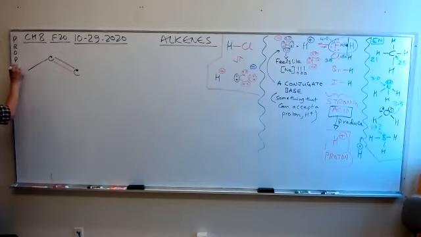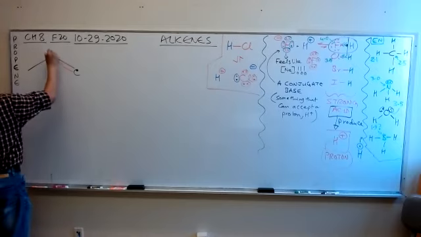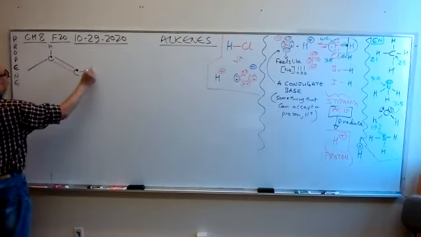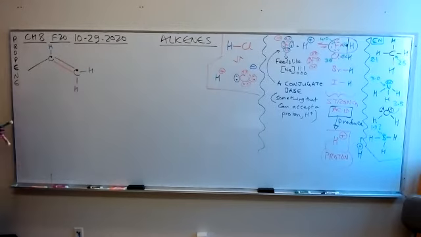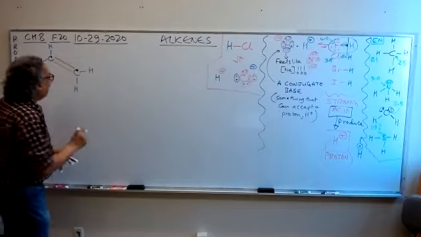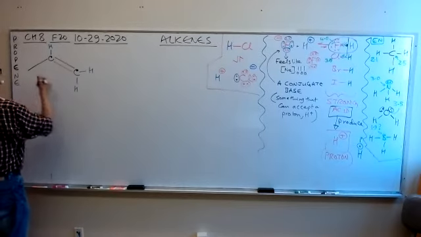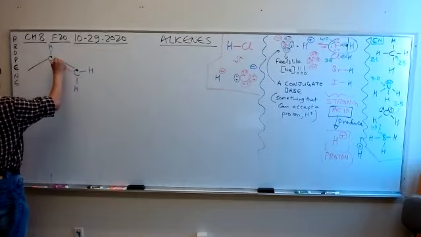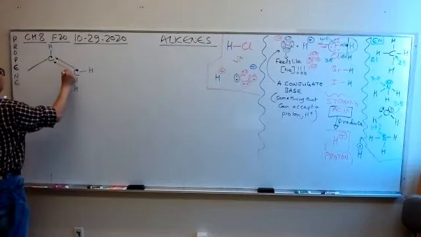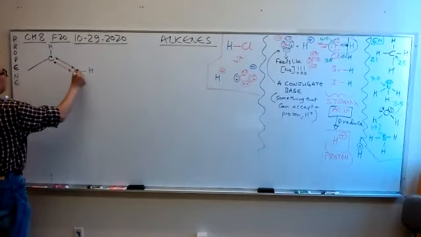What else is around the double bond? The hydrogen and two hydrogens. Remember that this is the sigma bond, and this is the pi bond. The red bond is the pi bond.